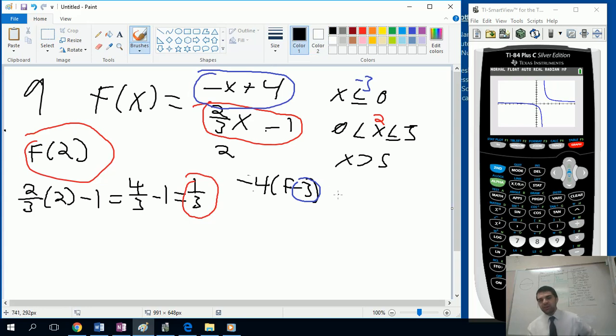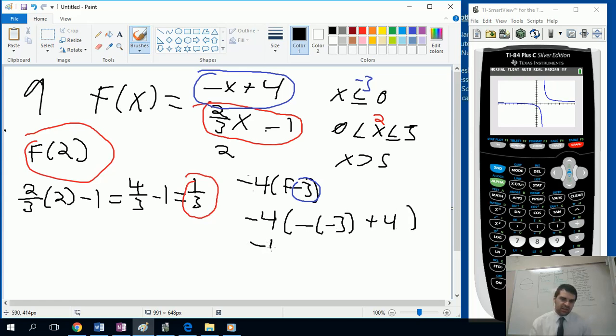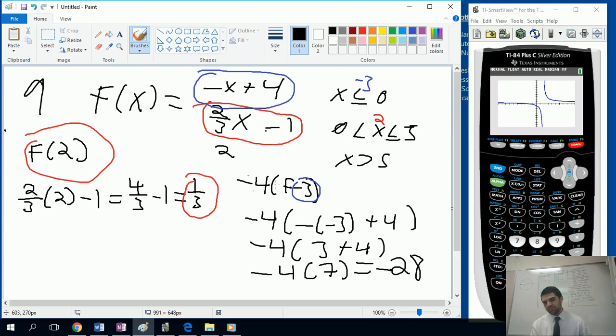Let's first evaluate f of negative 3. That's going to be negative negative 3 plus 4, which is positive 3 plus 4, which is 7. So negative 4 times 7 is going to be negative 28. So the answer for negative 4 f of negative 3 is negative 28.